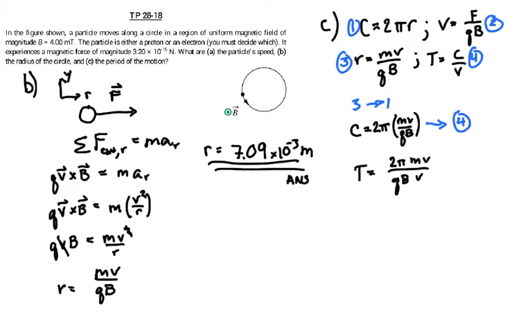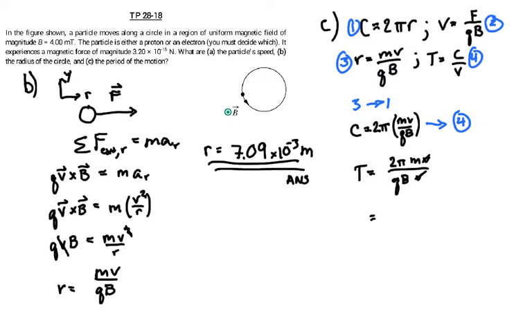We have 2 pi times the mass of our electron times the speed divided by the charge of our electron times the magnitude of the magnetic field times the speed of our electron. Well, as it turns out, our speeds cancel, and it appears that we don't need equation number 2 at all.